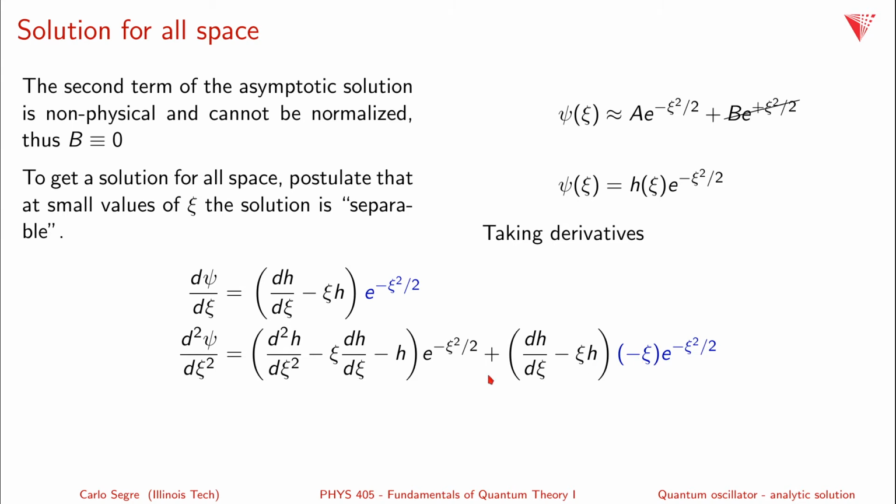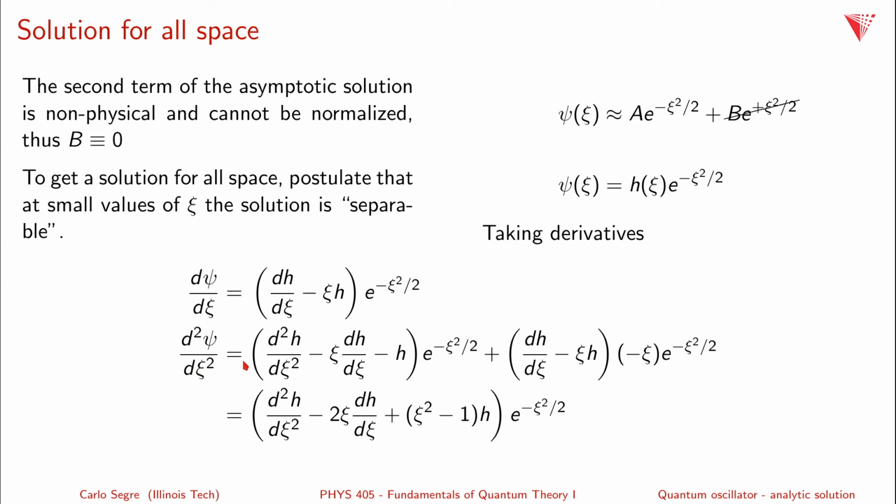If we now realize that this term and this term will add together, because the minus c comes in and makes them add, and then we have a c squared times h and a minus 1 times h, we can rewrite this in a more compact form. This follows: d squared h dc squared minus 2c dh dc plus c squared minus 1, all times h, everything times the exponential e to the minus c squared over 2.